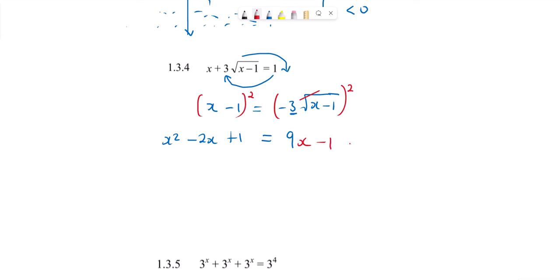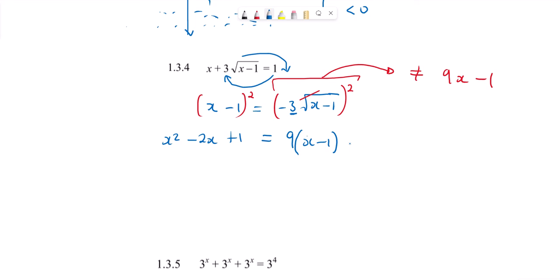Let me write this aside. Do you see this? That is not equal to 9x minus 1. Not. Let's do it again. Remember, 3 was multiplying, so 9 should also multiply. That is very important, guys.